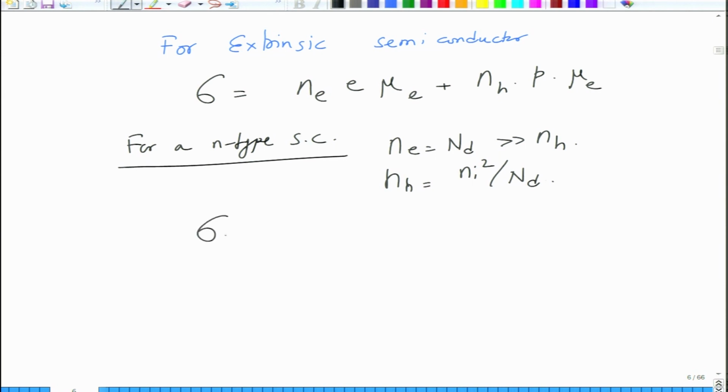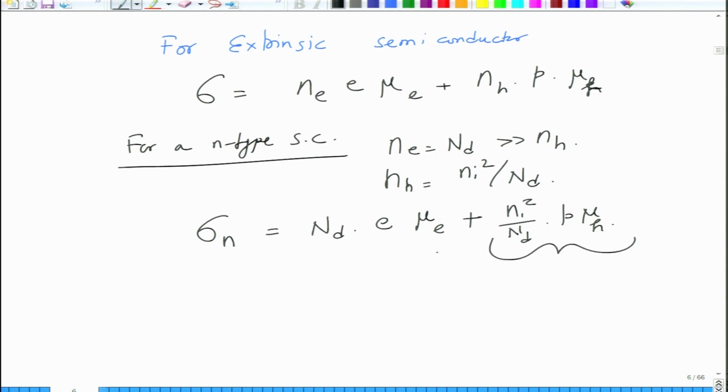So sigma n becomes Nd e mu e plus (Ni square divided by Nd) e mu h. Since this second component is very small, the first tends to dominate. As a result, sigma for an N-type semiconductor is almost equal to Nd e mu e.